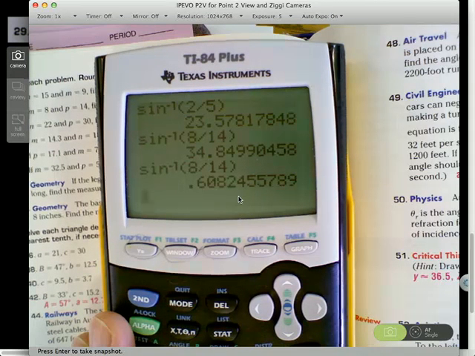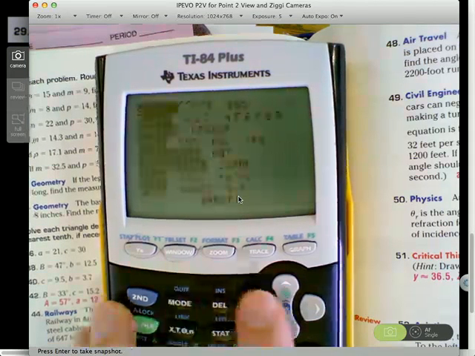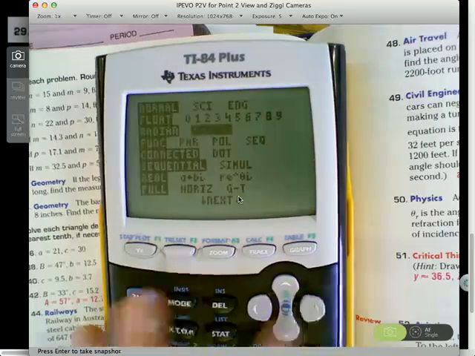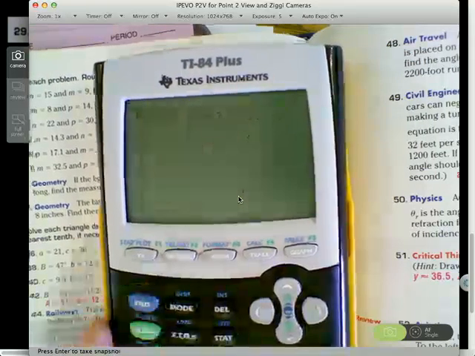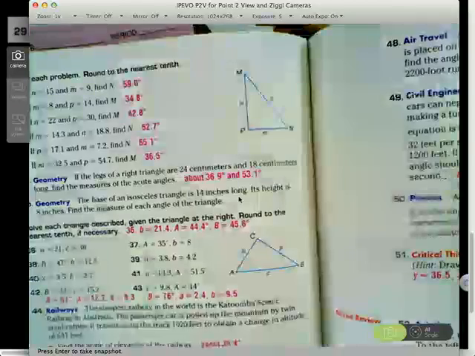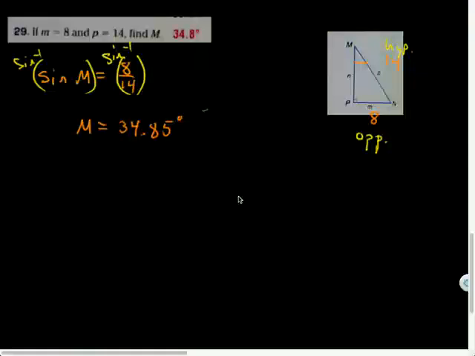I'm not sure how you got it. If you can replicate it for me, I'll figure it out. So that's the idea: really draw pictures, know your ratios.